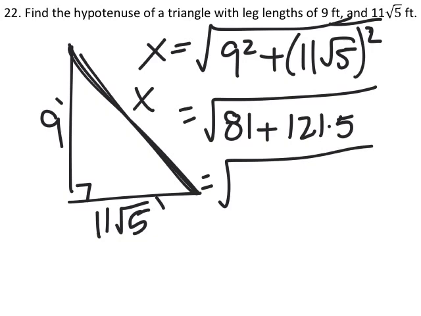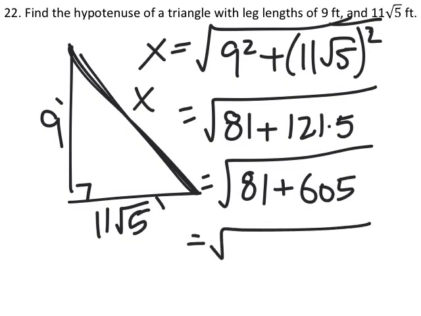So that's the square root of 81 plus 605, which is the square root of 686. I don't think that's a perfect square, but I can go ahead and check that with my calculator.